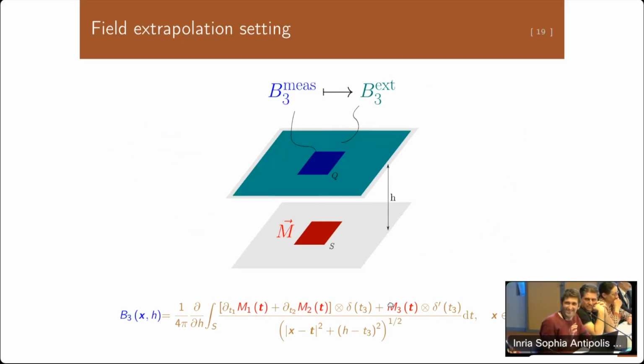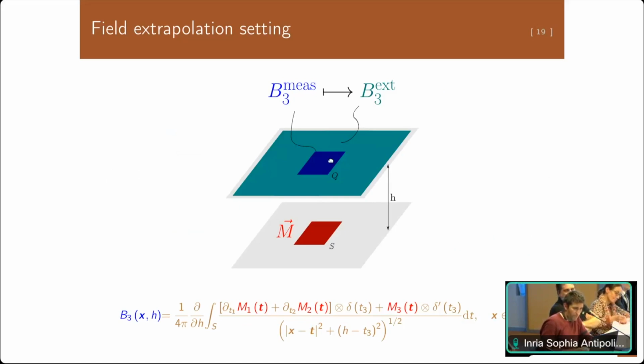Here it's just to stress that by extrapolation we mean mapping the measurements on one small area into measurements on a larger area, but respecting the structure of the problem. And the structure of the problem is the structure of the underlying integral operators, which are related to this integral equation below.